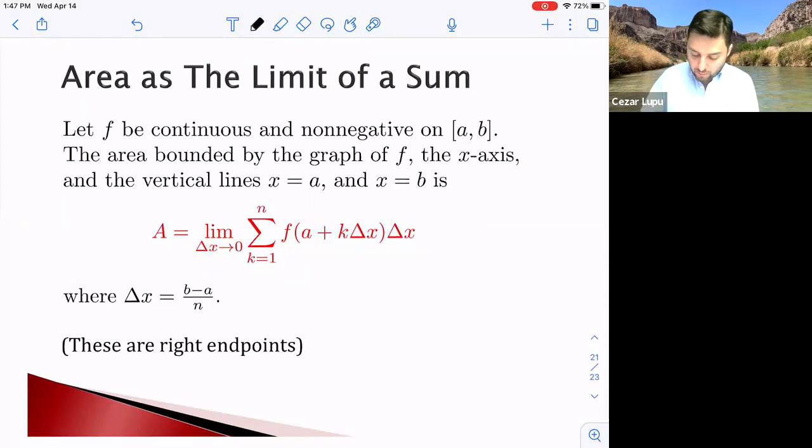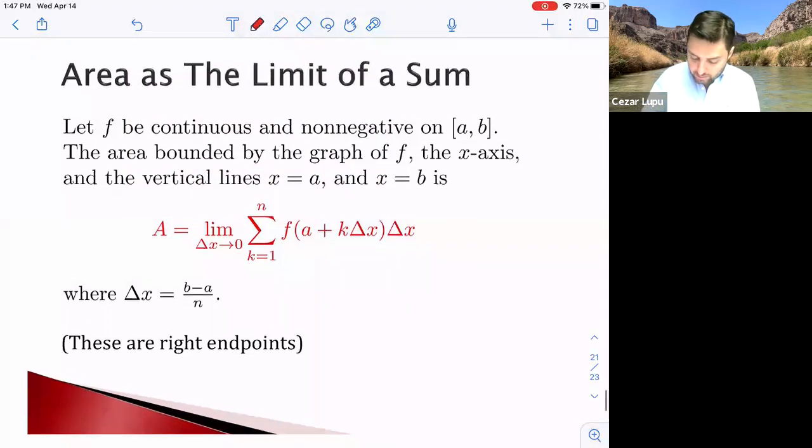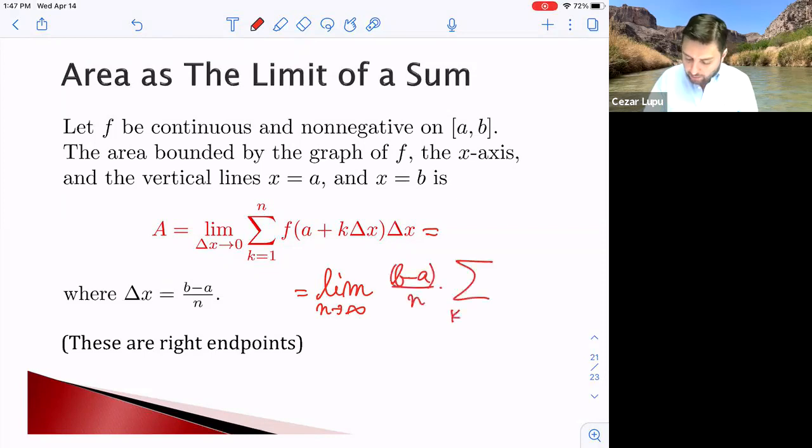In other words, you can write this as the limit as n approaches infinity of (b minus a) over n times the sum from k equals 1 to n of f of a plus k times (b minus a) over n, right?